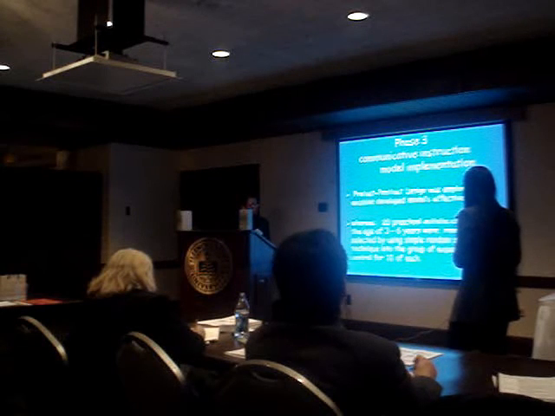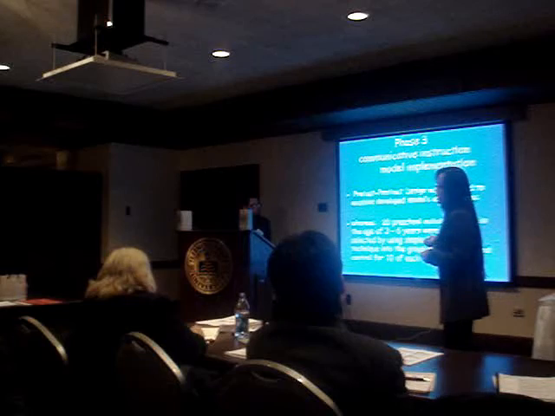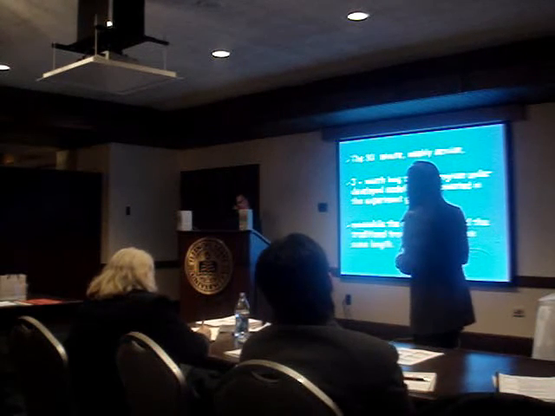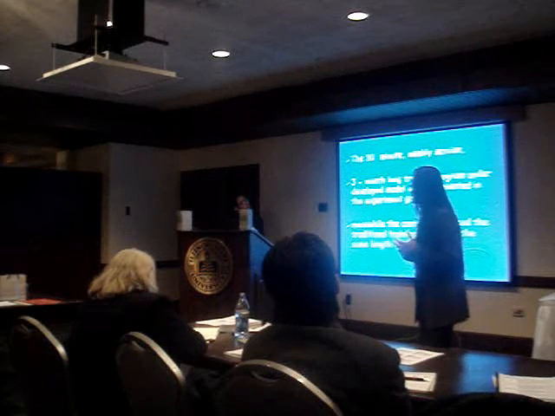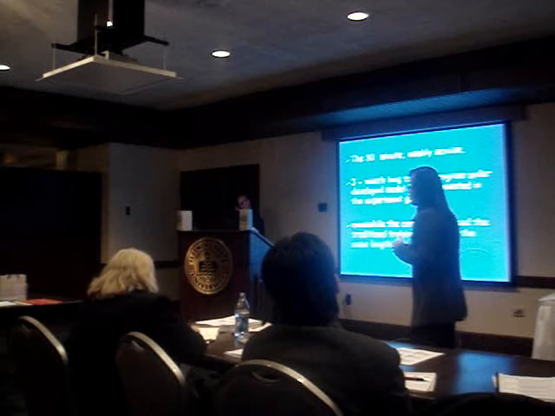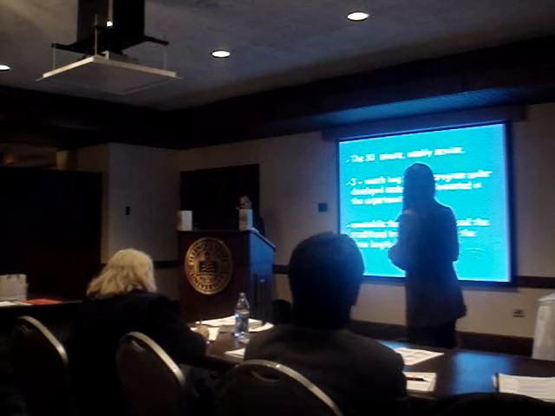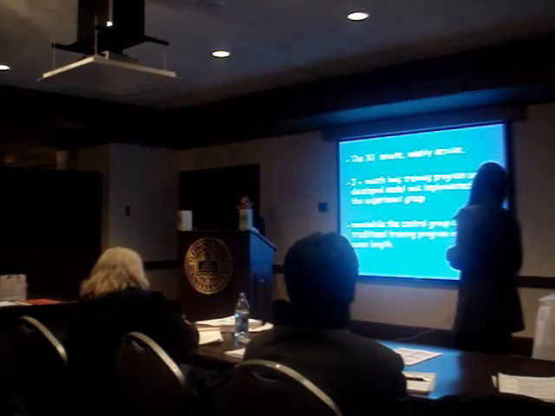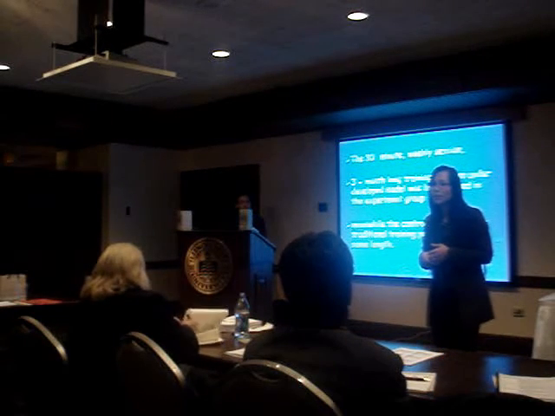I used an experimental group of 10 and a control group of 10. I gave them interventions for 30 minutes weekly sessions, in a 3 months long training program. The developed model was implemented in the experimental group. Meanwhile, the control group used traditional training.